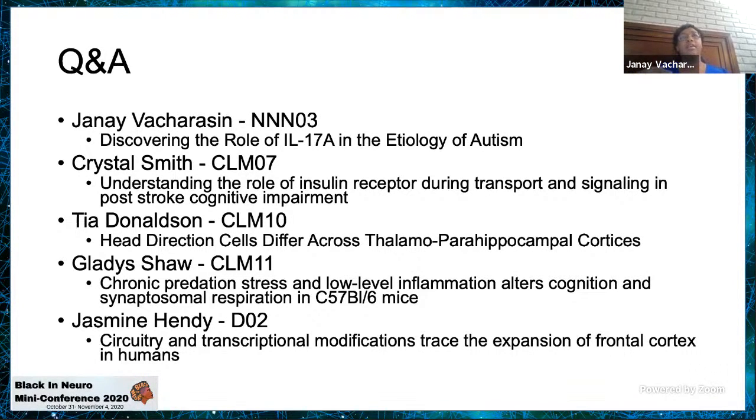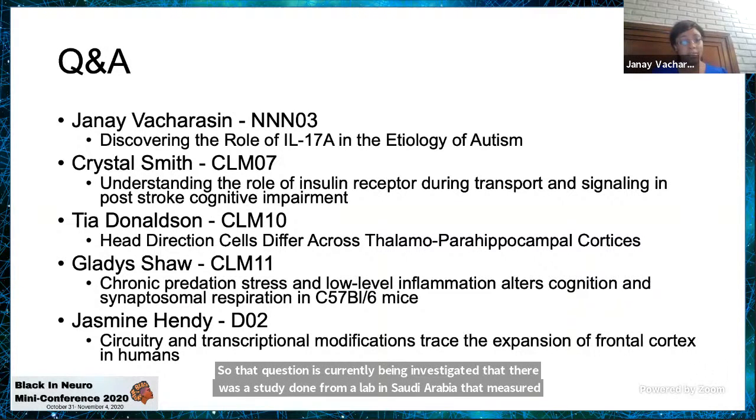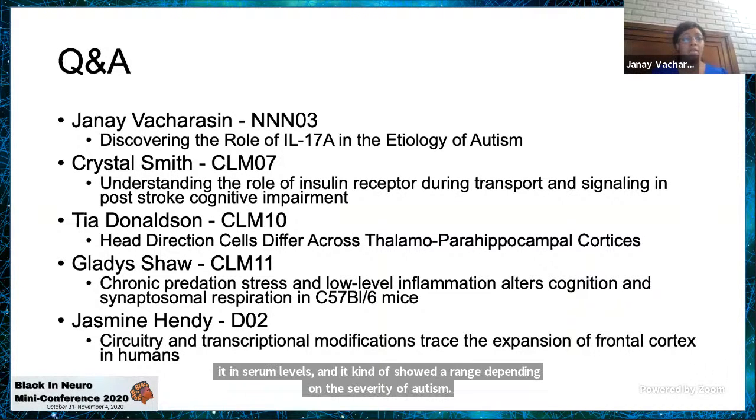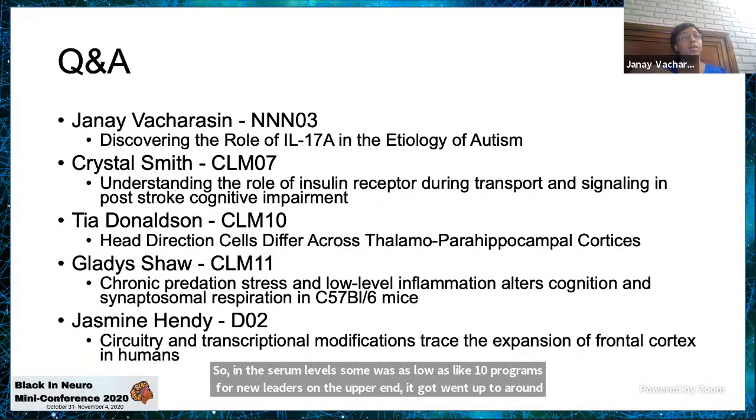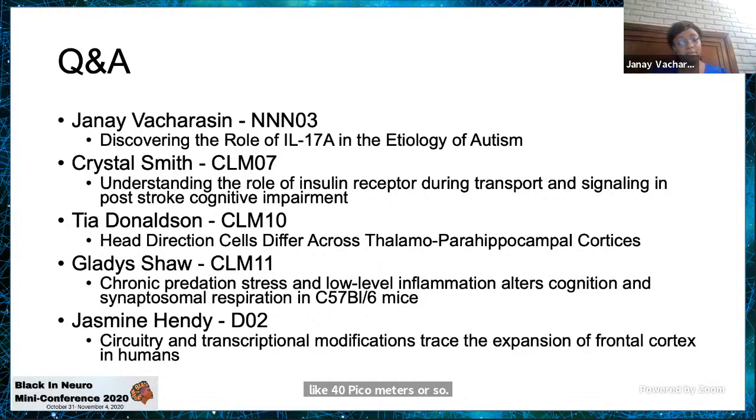But when you translate that to cells, the lowest amount that we and previous papers have seen that still activates the IL-17 receptor in the neurons would be 10 nanograms per microliter, and 100 nanograms per microliter is the maximum amount before you begin to see changes in cell death numbers.